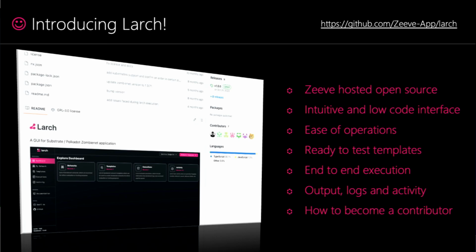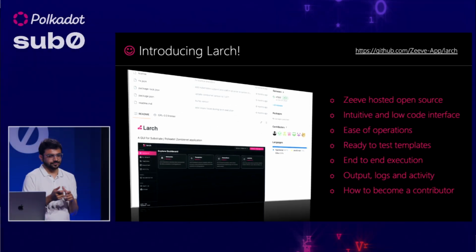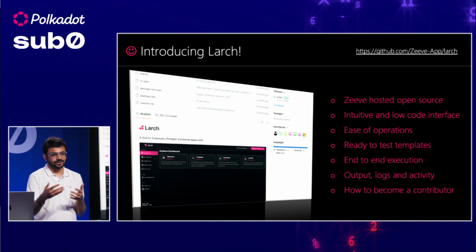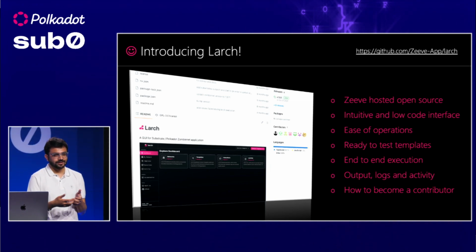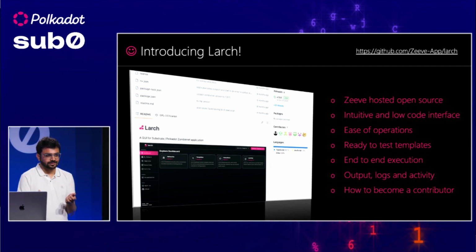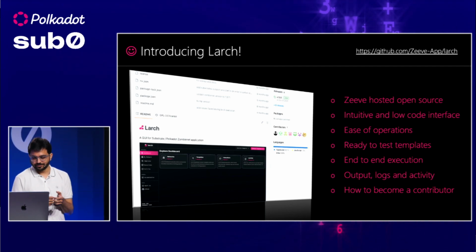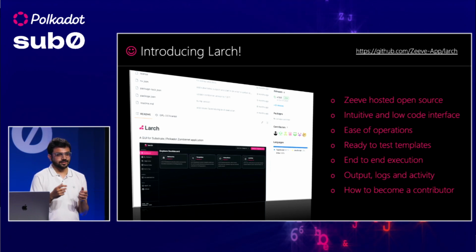You can have multiple templates of these configurations, clone them, initiate a new Zombienet network, and check the output of the commands and logs, and what errors come up for the selected configurations.